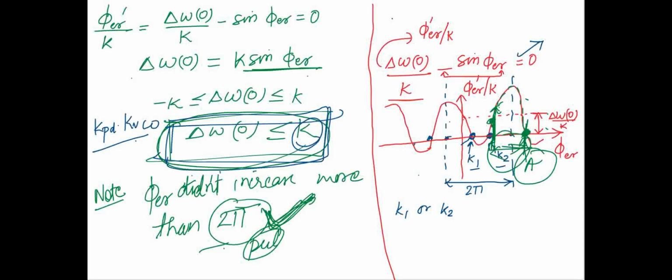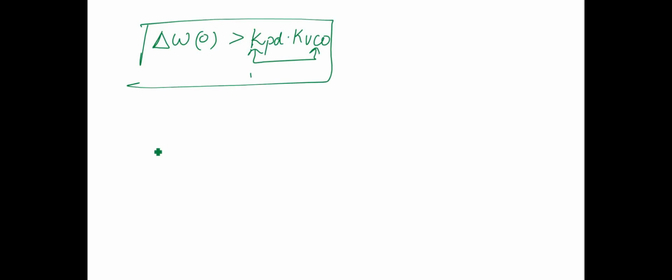If your frequency error del omega 0 is greater than KPD dot KVCO, which is equal to K only, then your PLL won't lock. It won't be able to lock if this is the condition. So this del omega 0 must be less than KPD dot KVCO.